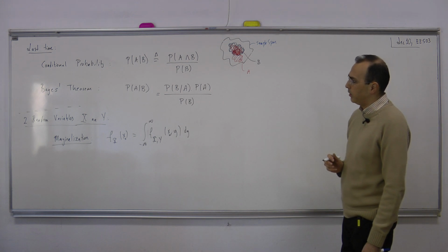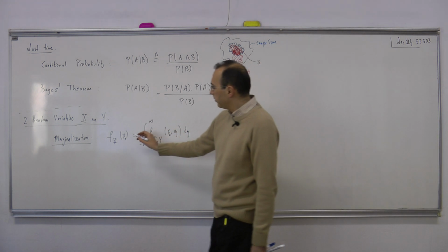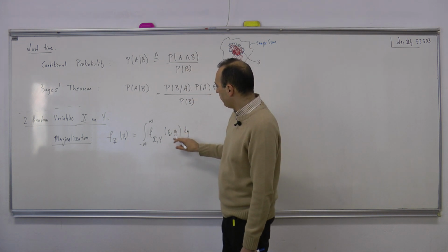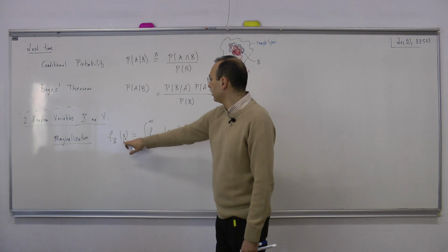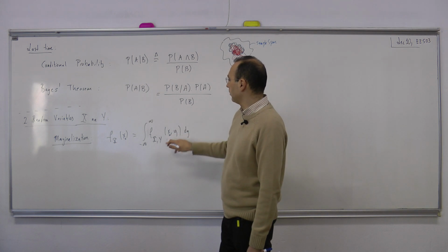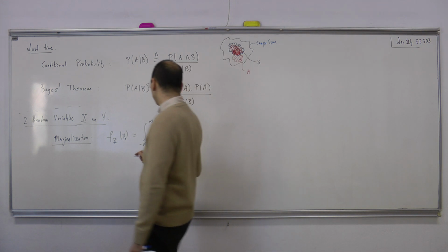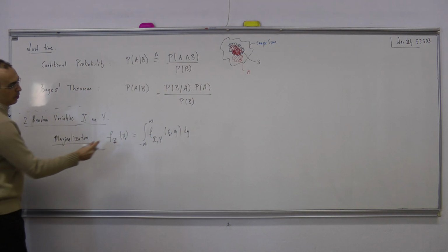Then you can see that for every x naught, x naught is fixed over here, I am adding up all possible y's. That's the meaning of that.